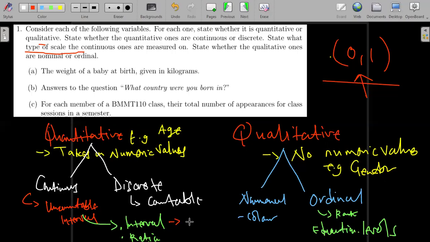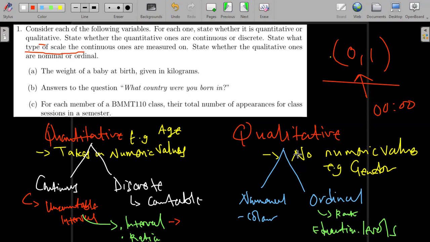What do I mean by not having a true 0 point? For example, time. When we say the time is 0, 0, 0, does it mean the time is not there? It doesn't mean that. It means the time is there, but it's just 0, 0, 0. So it doesn't have a definite 0 point. It doesn't have a true 0 point.